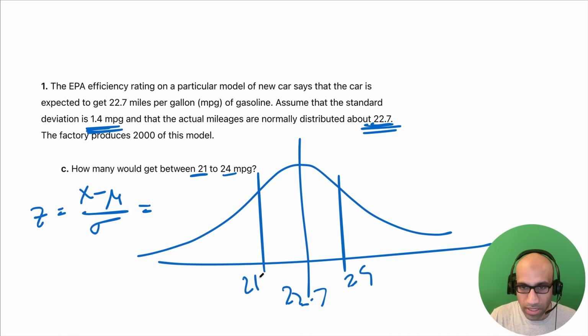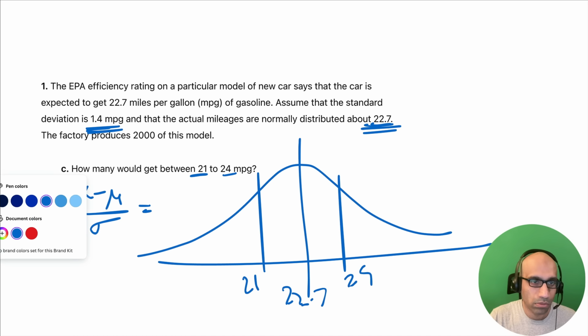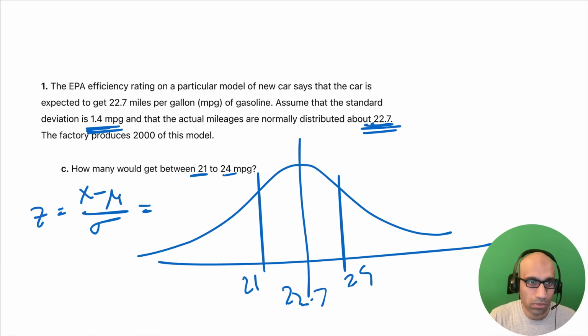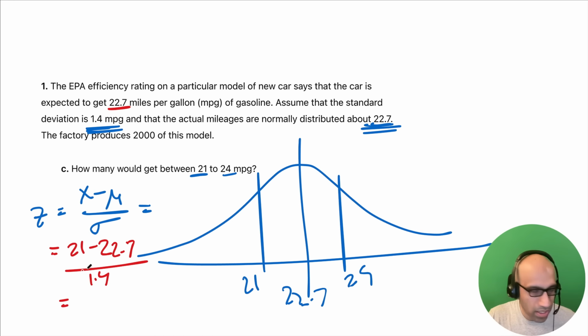So how would you find the corresponding z-score for 21? You're going to do 21 minus 22.7, which is the mean, divided by 1.4. You don't even need to calculate the entire thing. This is equal to negative 1.7 divided by 1.4.